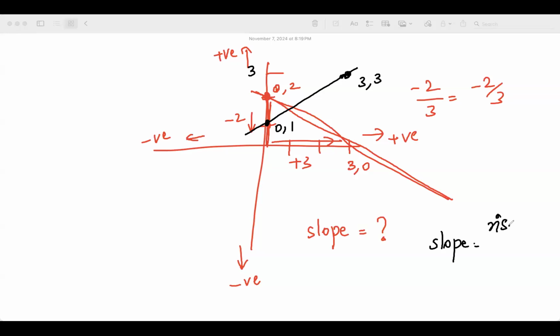You cannot go your way. Rise by run. You have to come from the top point. Avyukt, can I get your answer? Arush, correct. Anirudh, did you go by rise by run? See, what is the height that is changing? Then how much of the horizontal axis is changing between the 2 points?